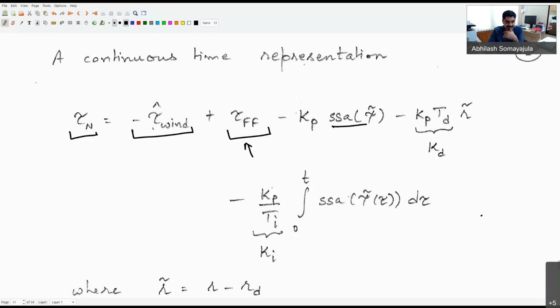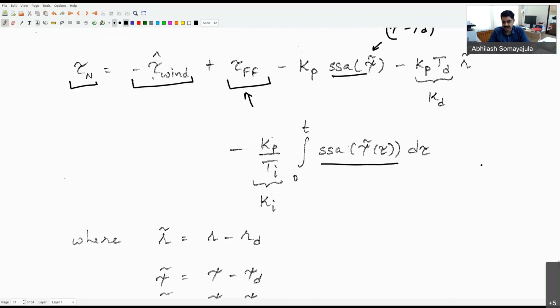Okay, so that is the small sine angle of the error between the actual heading and the desired value of the heading, minus Kd times R tilde, where R tilde is R minus R desired, assuming that the desired value varies with time. Okay, so I'm presuming here that the desired value Rd will vary with time. And then we have our integral term, Ki times the integral from 0 to t of the small sine angle of the error, integrated over time from 0 to t.